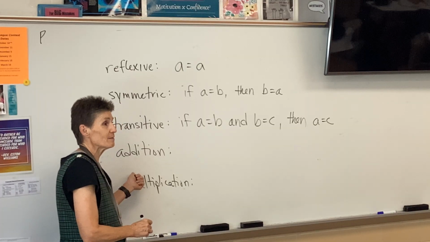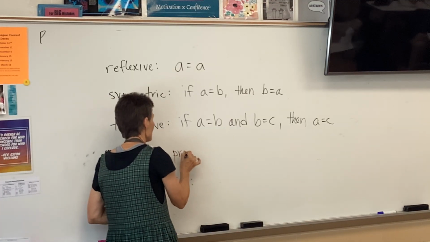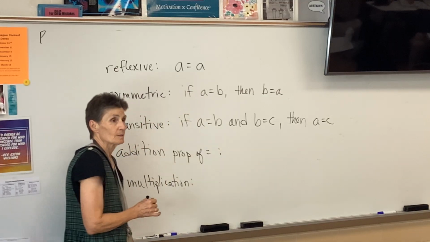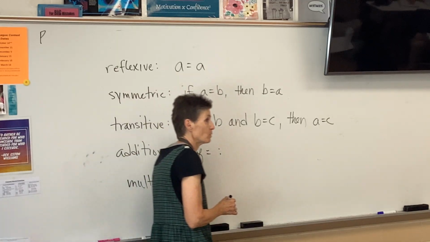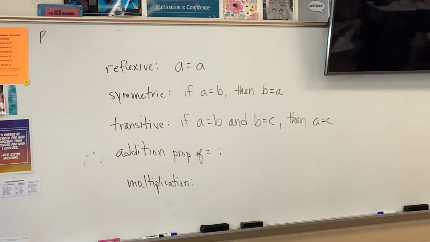This is a property of equality. The addition property of equality. You use it all the time. What does the addition property of equality say? If I'm an equation, here I am on a scale, unbalanced. If you put 3 pounds on this side, 2 extra pounds on this side, you're gonna have to put 3 extra on this side, right?